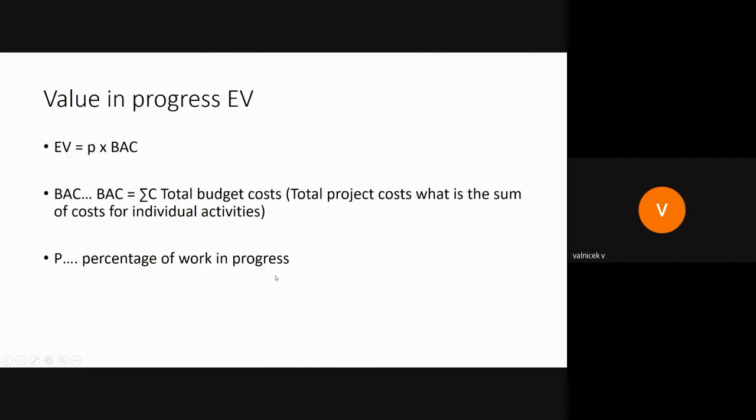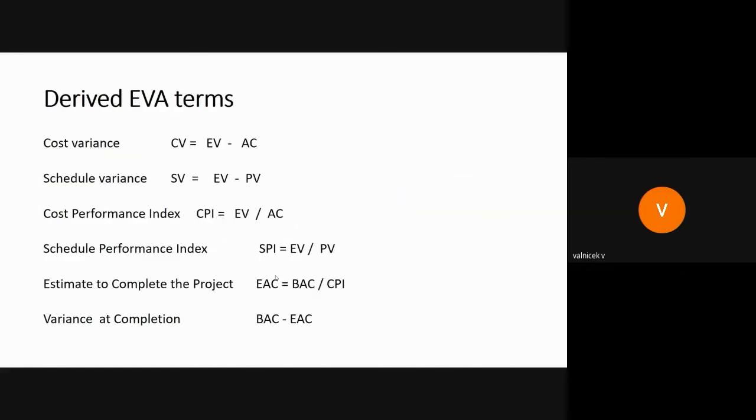Earned value is percentage of work in progress multiplied by total budget costs, budget at completion.